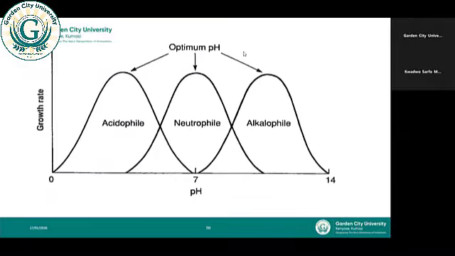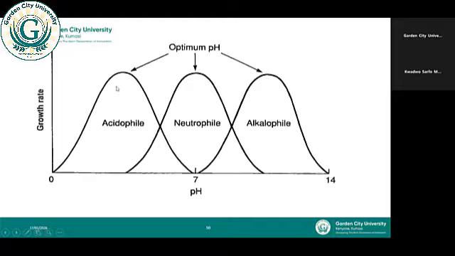So we have the optimum that will allow or enhance their growth effectively. Away from the optimum, they can also grow, but the growth rate will reduce. So if it's an acidophile and you reduce the acidic content, getting to the neutral, they will grow, but the growth rate reduces. If you bring them to an alkaline environment, then it's very toxic or detrimental for them, so they will not survive.